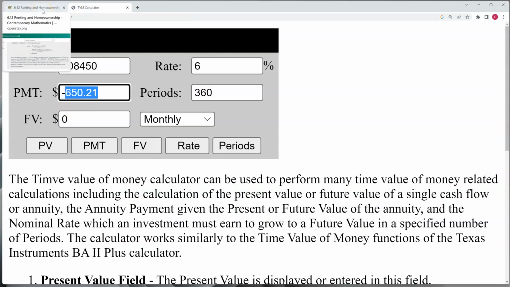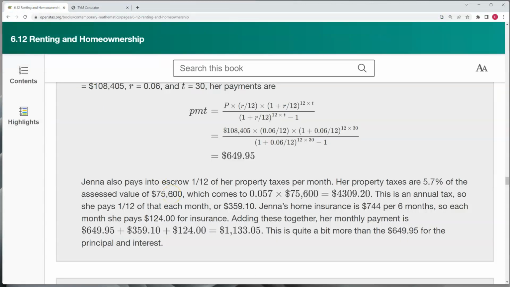So if we added it up like it was supposed to be, $650.21 plus the $359.10 plus the $124. I mean, it's really close. It's just off by a few pennies, but when you're talking about mortgage payments and homes, that really counts.